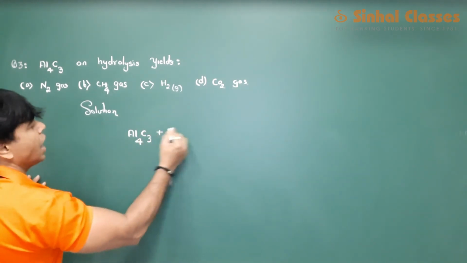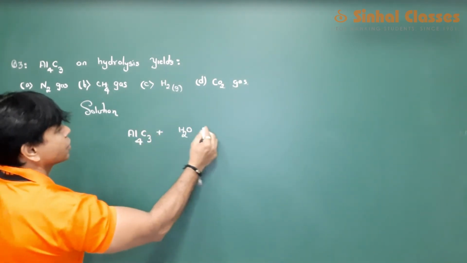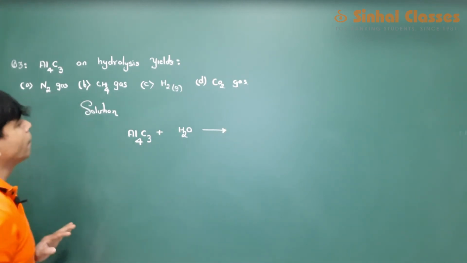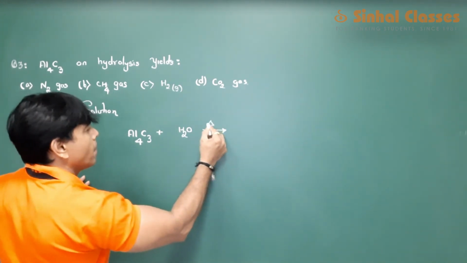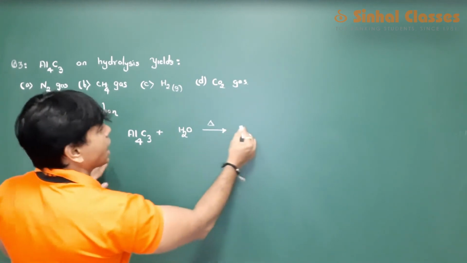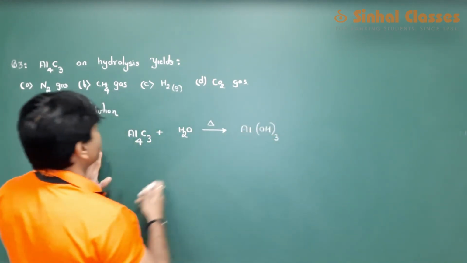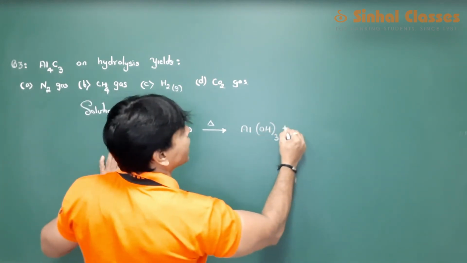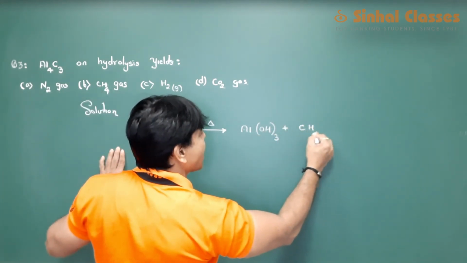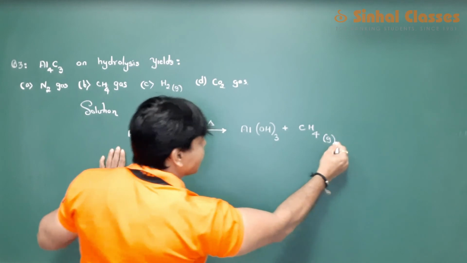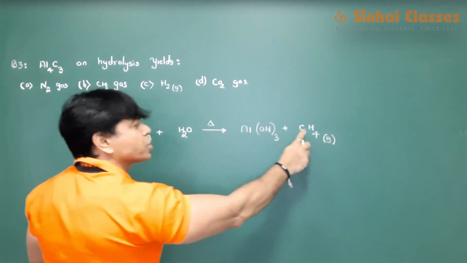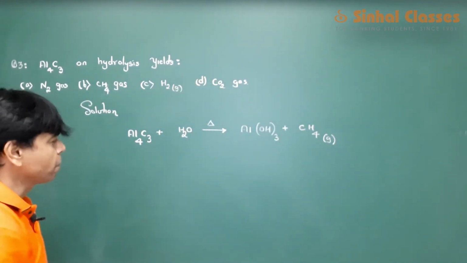Al4C3 on hydrolysis, heating it, we get aluminium hydroxide. Along with that, it gives you an organic gas, methane. An inorganic compound produces an organic compound.